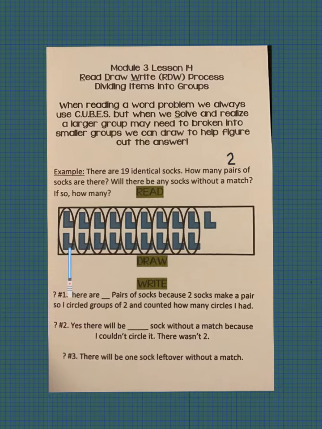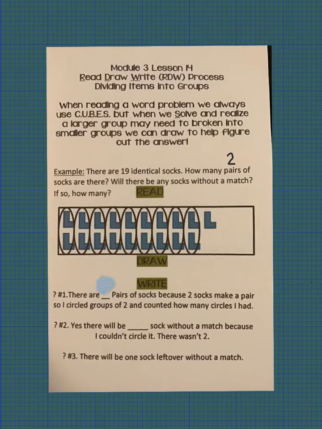So now I can just count up how many pairs of socks I have, all right, which is 9 pairs, but this little guy doesn't have a match. So he's left out. He can't be circled. All right. So I can answer the first question. How many pairs of socks are there? Well, all I'm going to do is count up my circles. So there are 9 pairs.